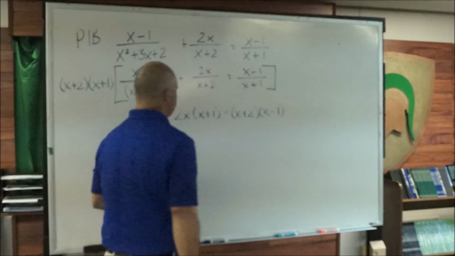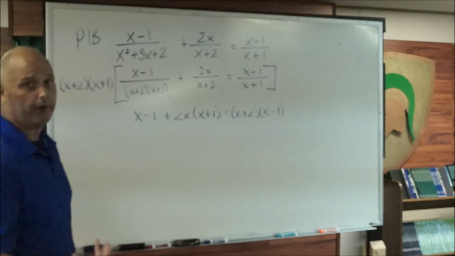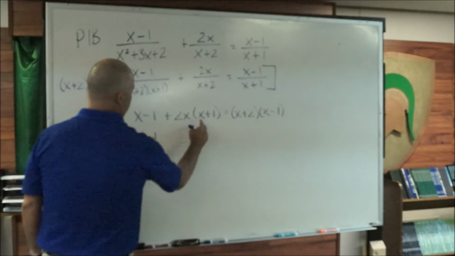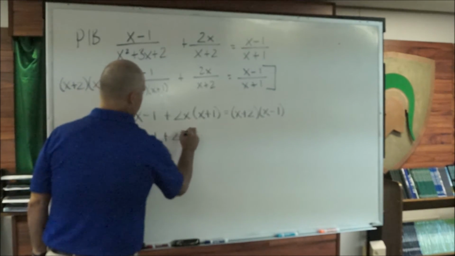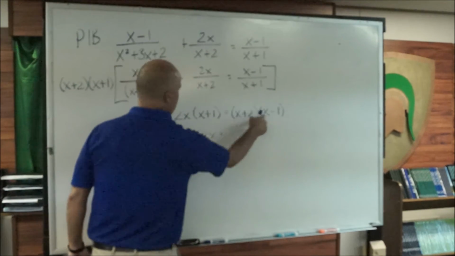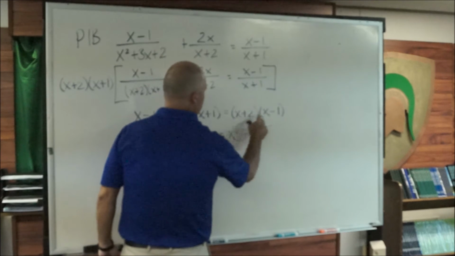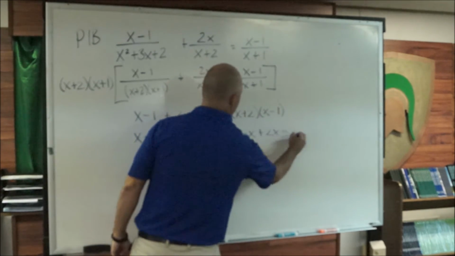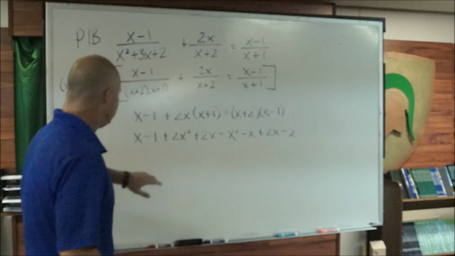Now we've got to go ahead and distribute and FOIL so that we can work this out. So bring down the x minus 1 plus 2x squared plus 2x equals x squared minus x plus 2x minus 2. Combine like terms.